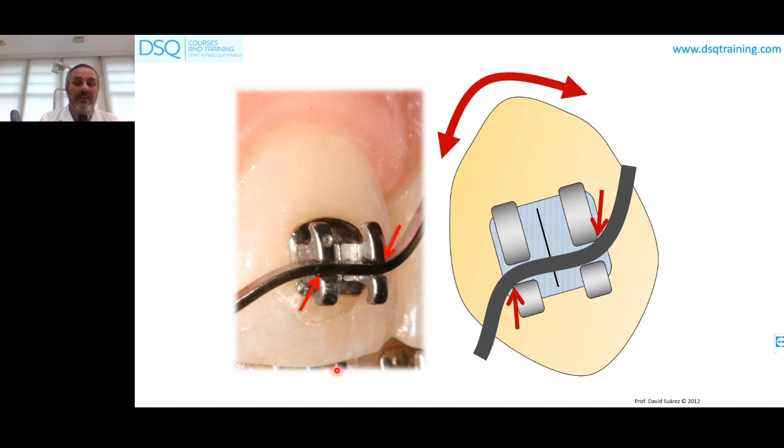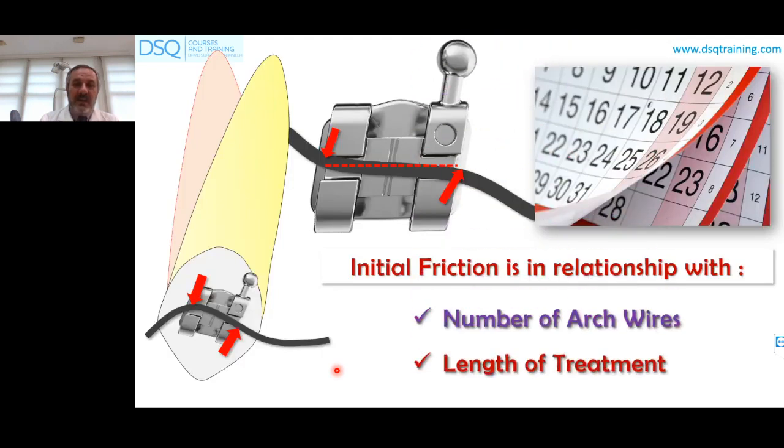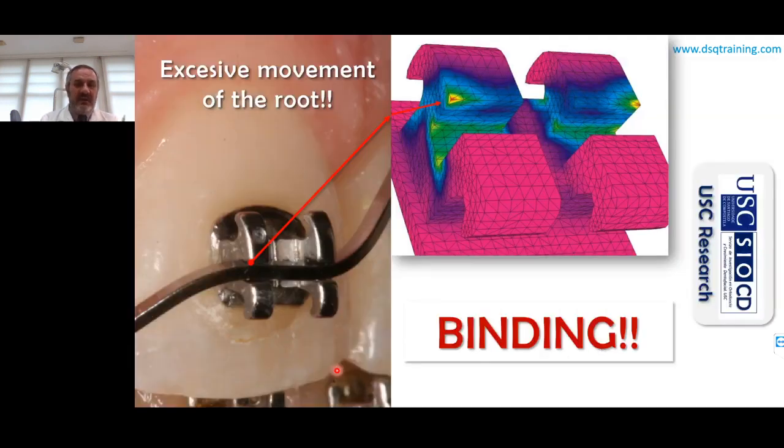the initial idea of our straight wire low friction technique that used the Synergy bracket, many years ago, was to eliminate the ends of the slot of the conventional bracket, because the initial friction is in relationship with the number of arch wires and the length of the treatment.